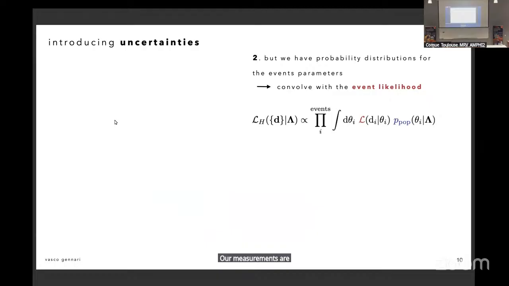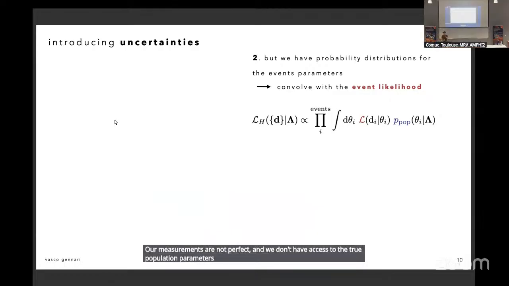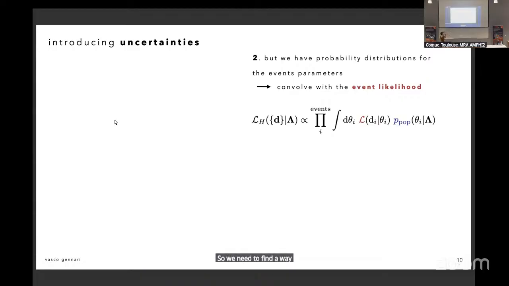Good. So we know how to deal with this very simple case, but unfortunately, our measurements are not perfect, and we don't have access to the true population parameters. We get the data. So we need to find a way of moving from the data to the actual parameters of the single events. This, as Charlie just explained, is done through the likelihood of the single events.